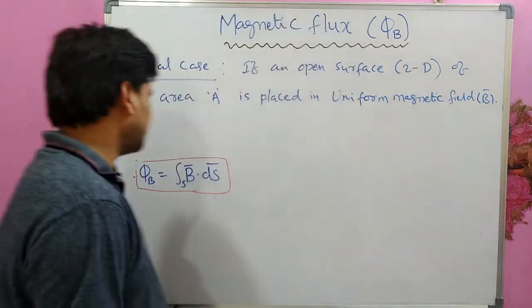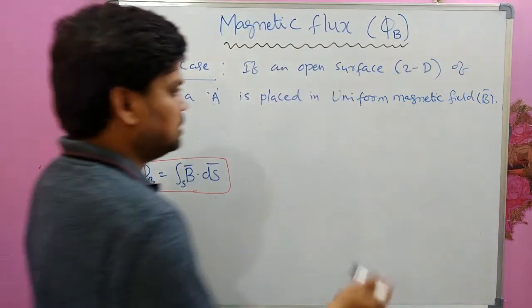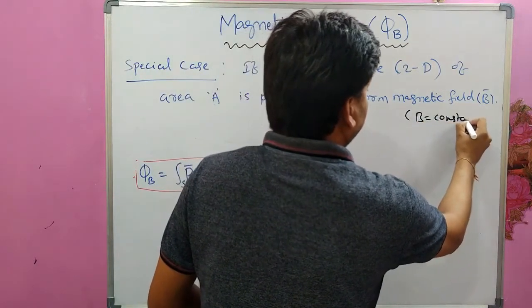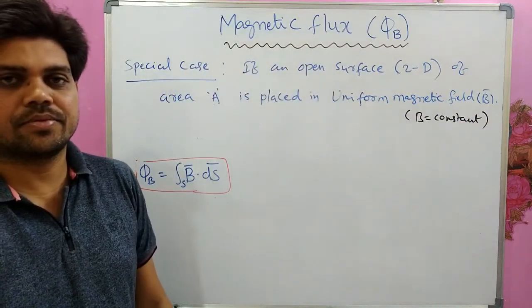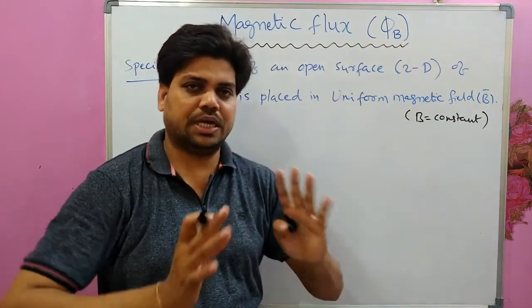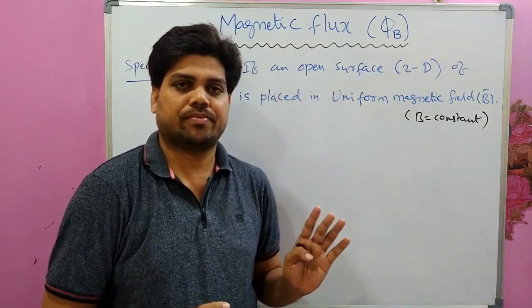That means B is constant. Everywhere the magnetic field magnitude is the same and the direction is the same.